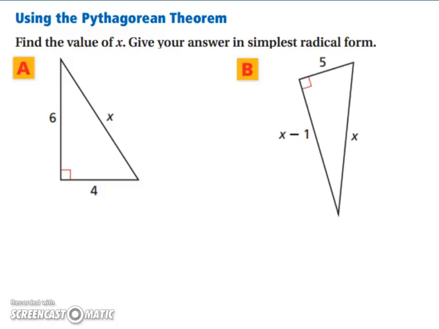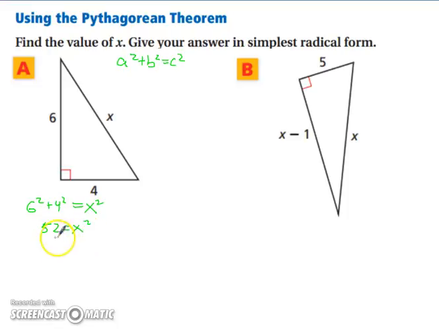Let's practice using the Pythagorean Theorem. Keep in mind, the Pythagorean Theorem is a squared plus b squared equals c squared. So with our two legs, we have 6 squared plus 4 squared equals x squared. Since x is our longest side, that's going to be our c. So now we have 52 equals x squared.